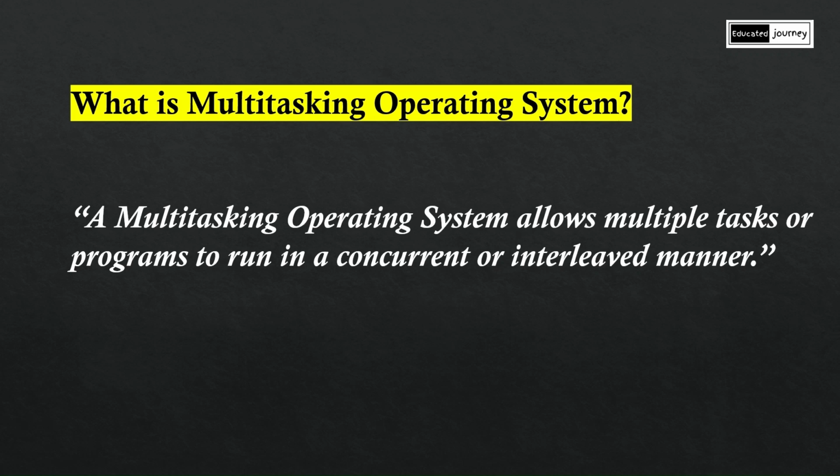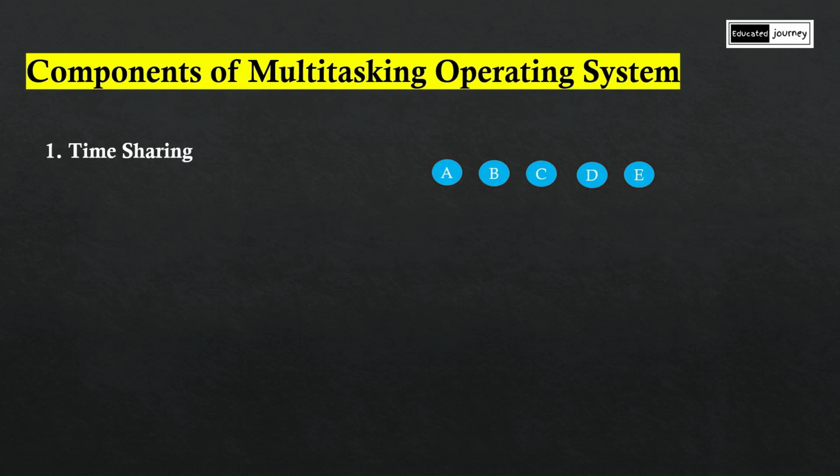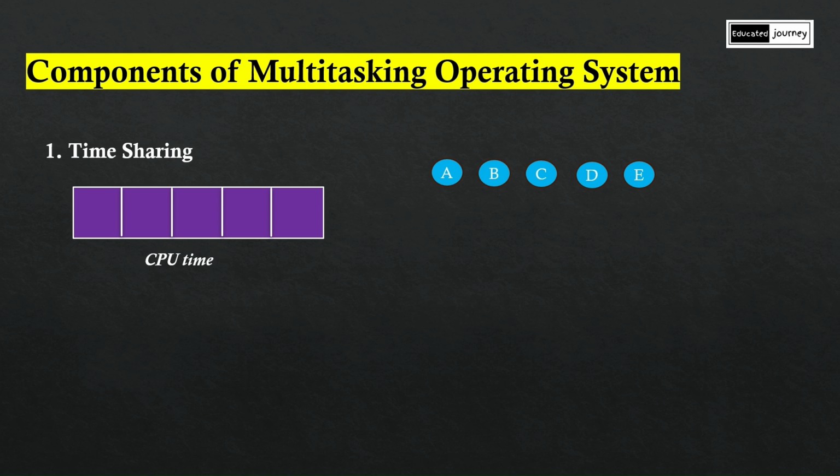Let's see the components of multitasking operating system. The first one is time sharing. Time sharing means the operating system divides the CPU time into small time slices. For example, let us say we have 5 tasks to be completed by the CPU: A, B, C, D, and E. So the CPU will divide the time for each task.